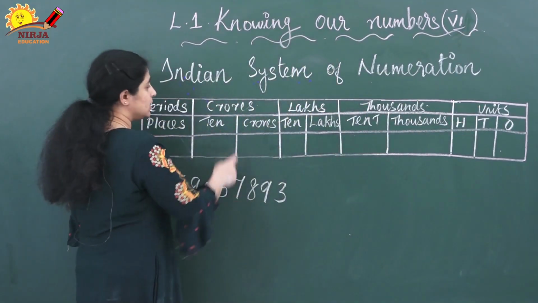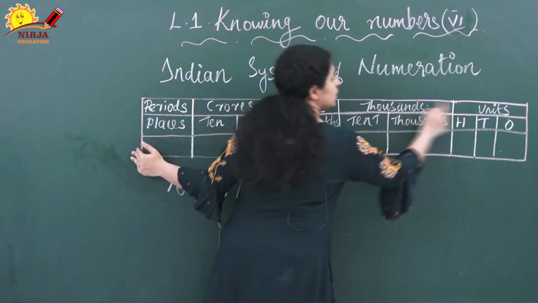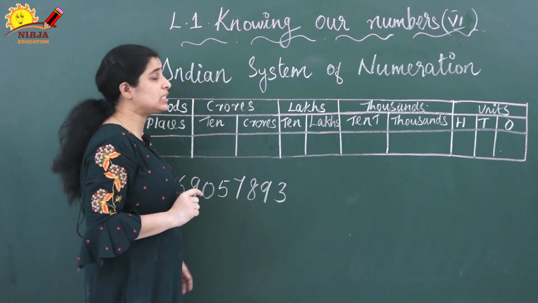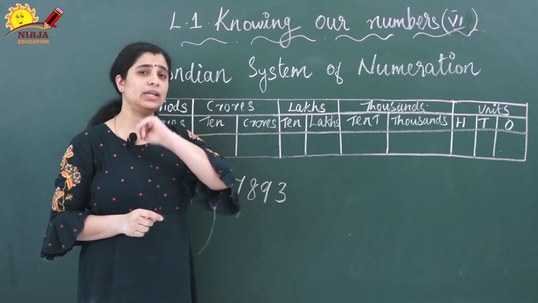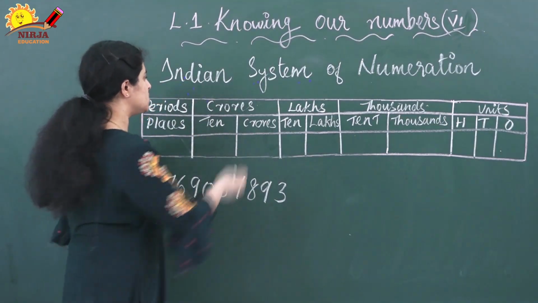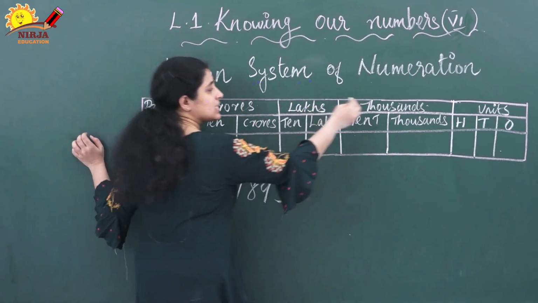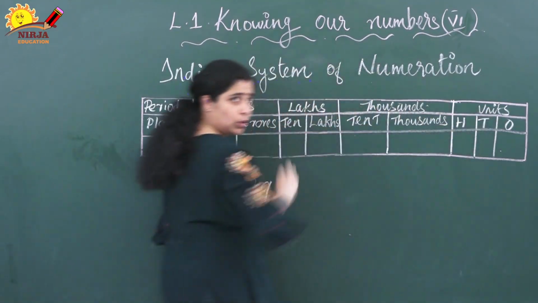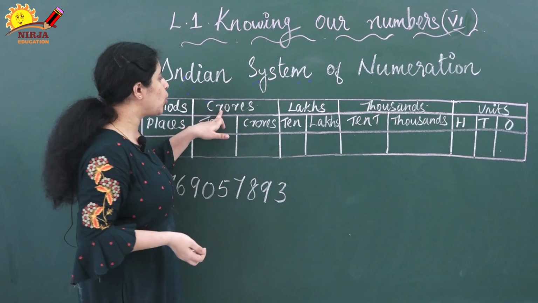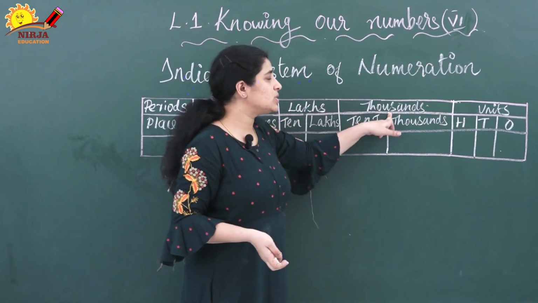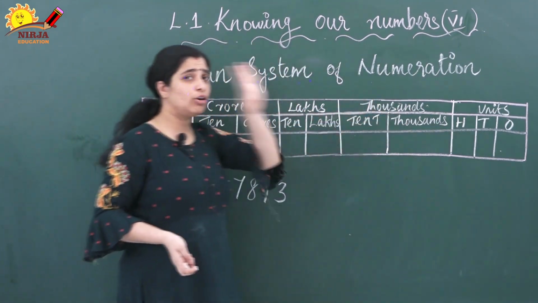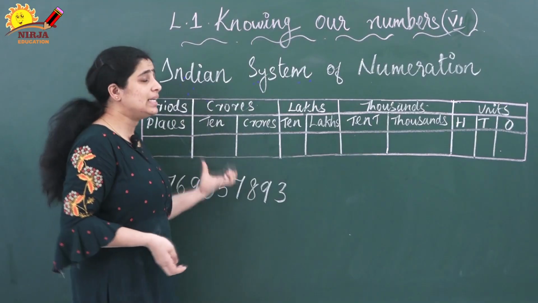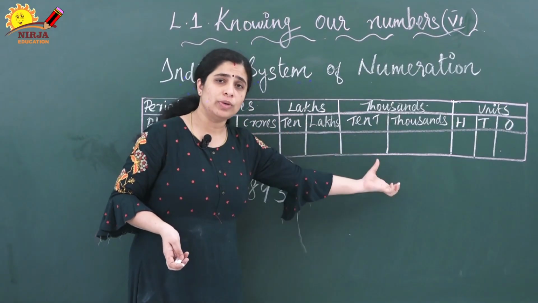How many periods are there? 1, 2, 3, 4. In the Indian system of numeration, 4 periods are there. What are the 4 periods? Crores, lakhs, thousands and units. I will repeat again. Crores, lakhs, thousands and units. These are the 4 periods in the Indian system of numeration.